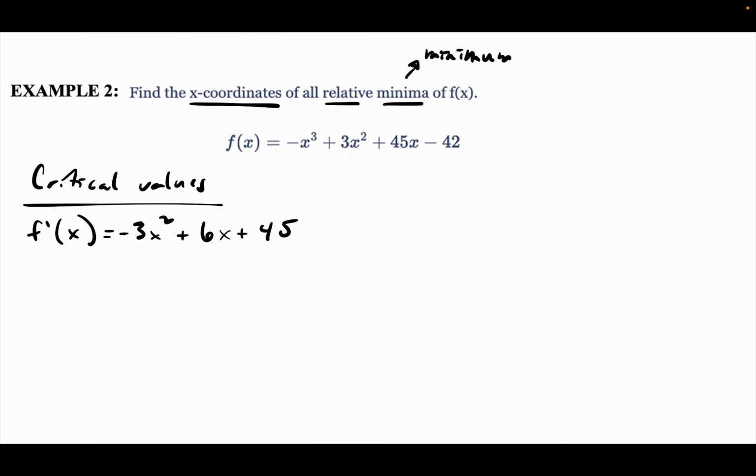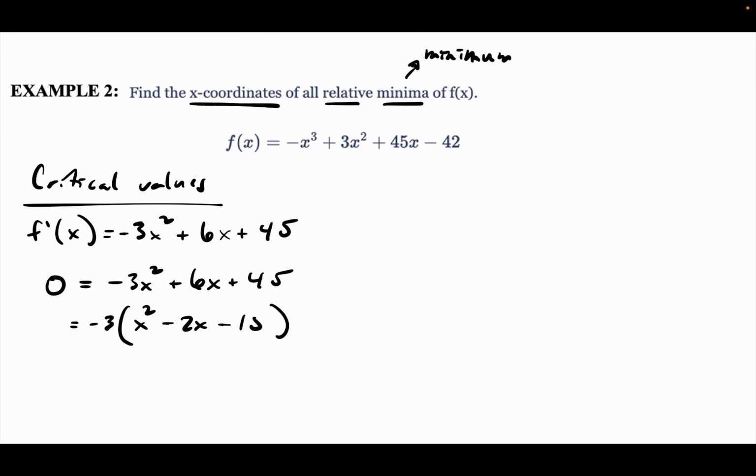Next step, set that equal to 0. Before that, though, they have a GCF. You can divide them all by negative 3. So it would be positive x squared, negative 2x, negative 15.